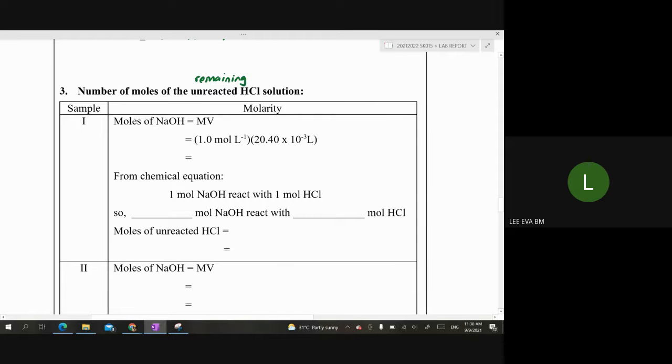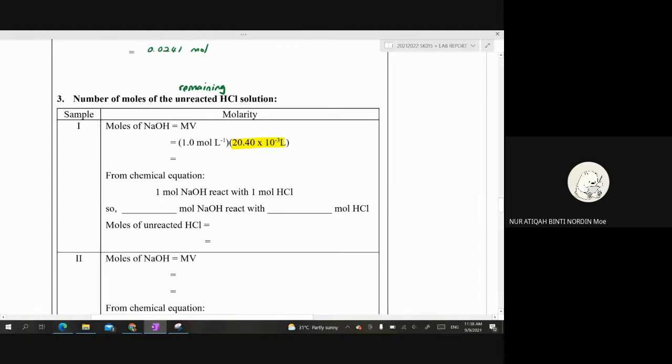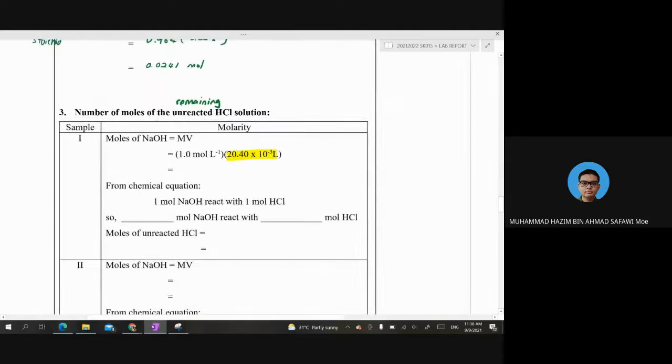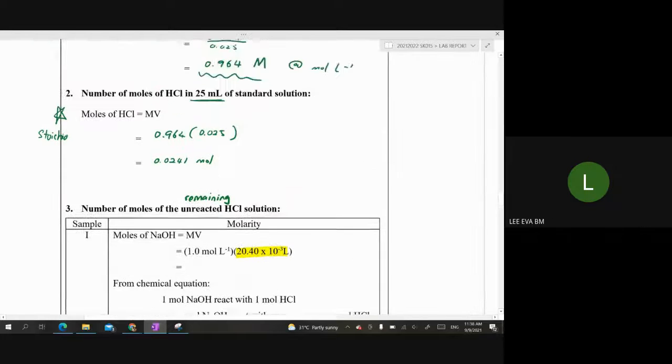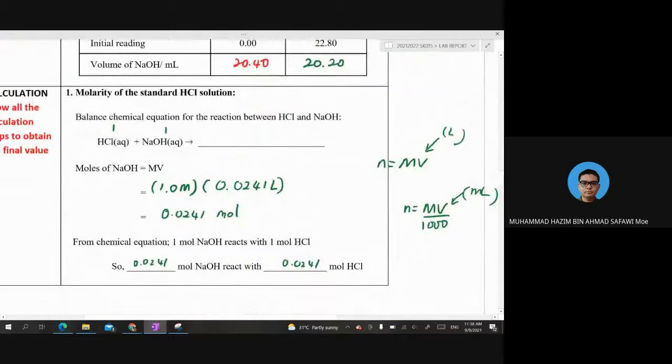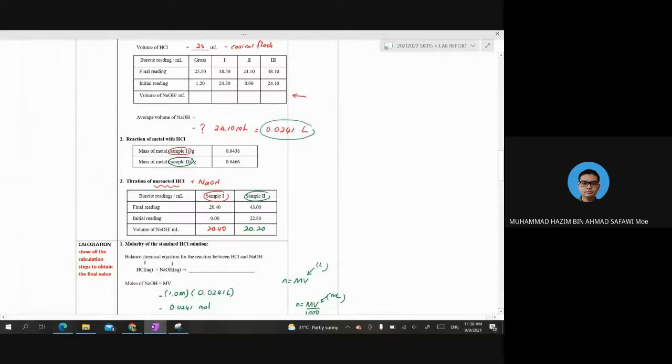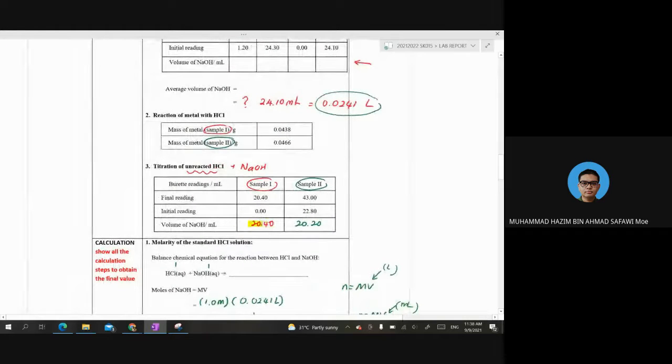Okay, with the 20.40. Yang ini dapat dari mana? Where do you get this from? Average. Yes, this is from the average. Is it the average? Hold on. Oh, this is from the first sample. No wonder. Yes. Sebab tadi Madam cakap untuk part 3 ni kita tak payah cari average sebab kita nak match kan sampel 1 dengan sampel 1.